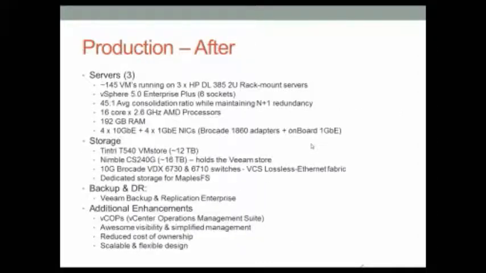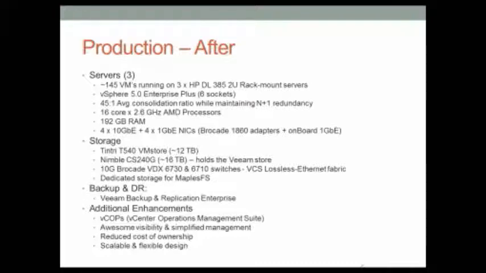So what I ended up doing was consolidating that down to 3 servers. So we've got an average of 45-to-1 consolidation ratio. Actually, it's a little closer to 50 now. That is maintaining HA admission control to keep an N+1 redundancy. Everything is now Enterprise Plus, so that's 6 sockets to license for the VMware, the Windows Data Center licenses, Veeam Enterprise licenses.